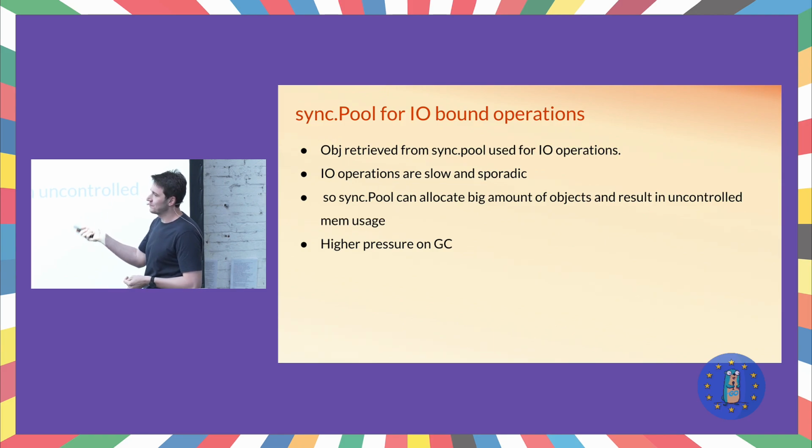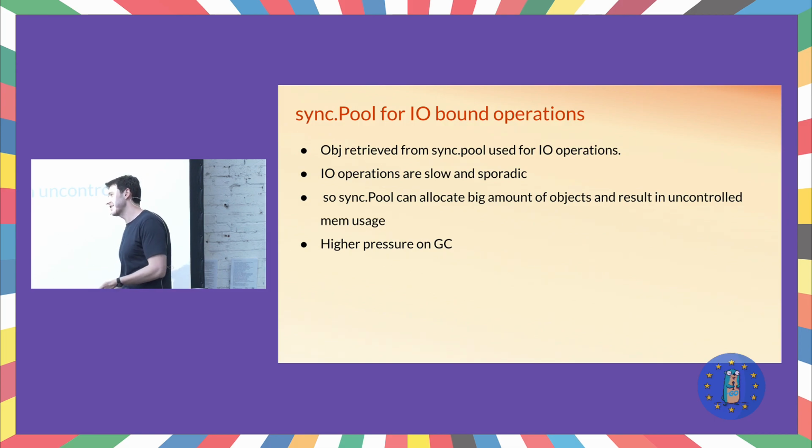And not a really good scenario, again, is I/O, because as I said, I/O is unpredictable, and you can end up in a situation where you invoke get or put methods of sync pool not in balance, because networks start lagging and you invoke more new functions than put functions, or the opposite, you invoke more put functions than get functions.